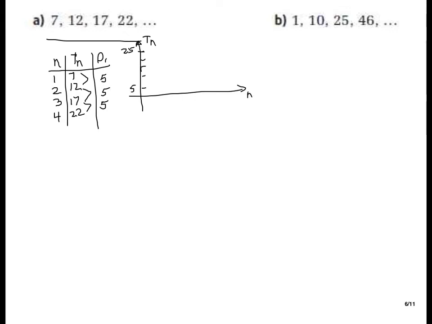So this is 5, 10, 15, 20, and 25. It says term 1 is 7, so term 1 is going to be around here. Term 2 is 12, so term 2 is going to be somewhere around here. Term 3 is 17, so it's going to be somewhere around here.